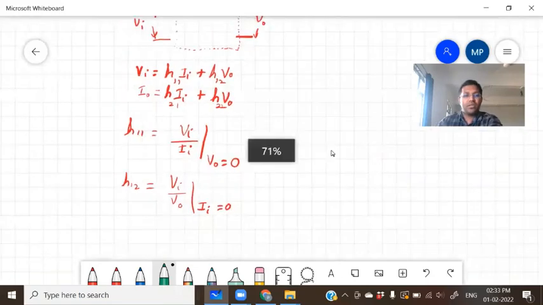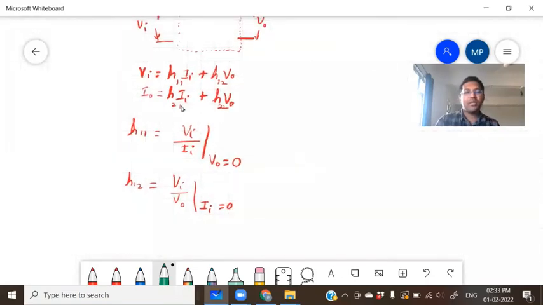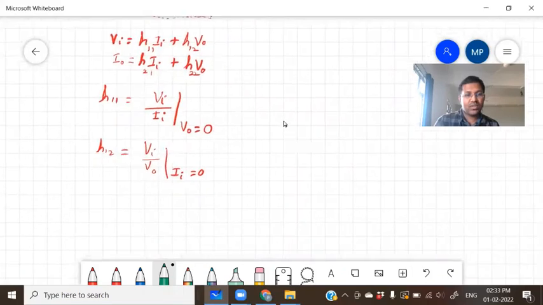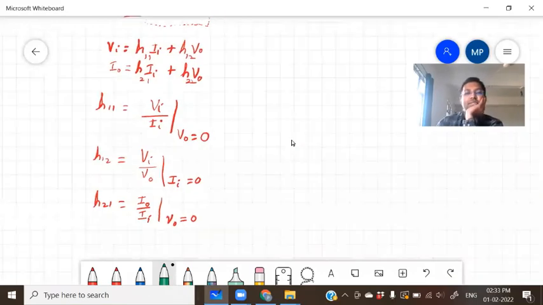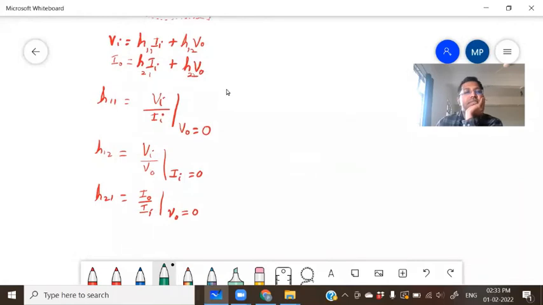Next, what will H21 be? Similarly, H21 is I naught by II when V naught is 0. Last, H22. Anybody, what will H22 be from this equation?